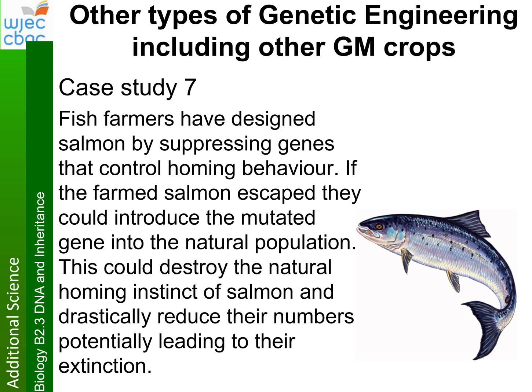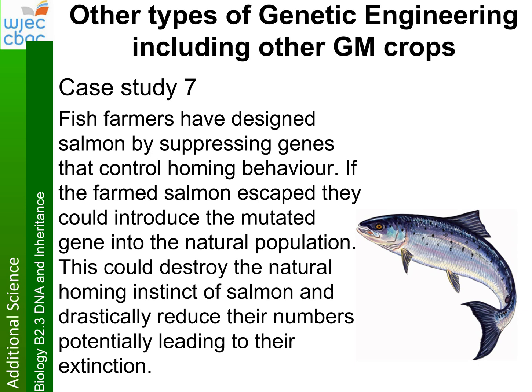However, this is where we have a disadvantage. If the farmed salmon escaped, they could introduce the mutated gene into the natural population. This could destroy the natural homing instinct of salmon and drastically reduce their numbers, leading to their extinction.